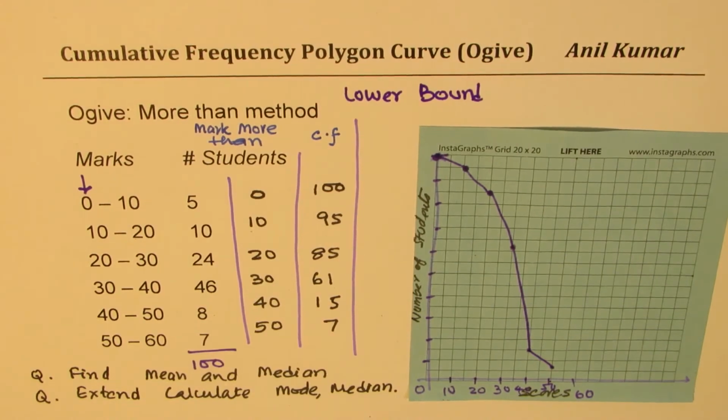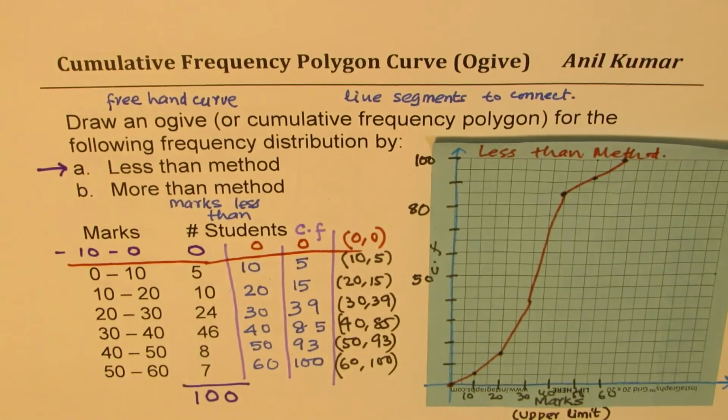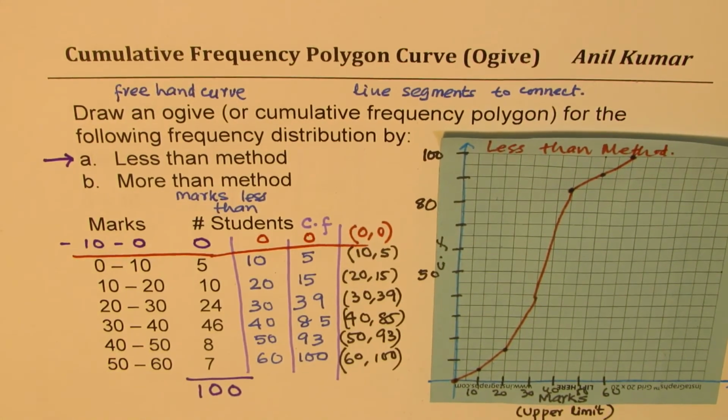So I hope that helps you to understand how from a given information we can actually make cumulative frequency polygons. Whenever you're making cumulative frequency polygons, you could make two types. Less than method or more than method can be used. If you're using less than method, the upper bound of the interval should be taken.